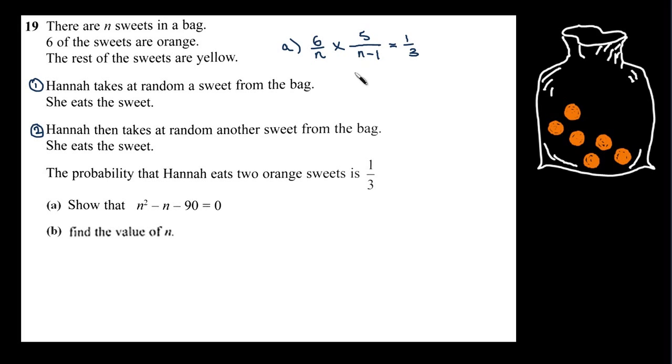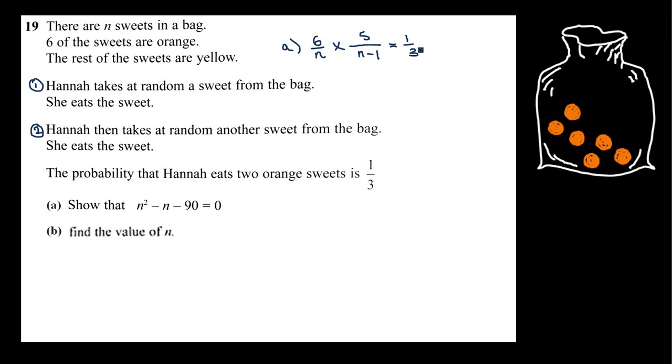So let's do that in a couple of steps. And we know what answer we need to get, so that's one of the nice things about these show that questions. We need to get this to become n squared minus n minus 90 equals 0. So let's see, what's the first thing we're going to do? Well, I think the first thing we ought to do is just multiply across.